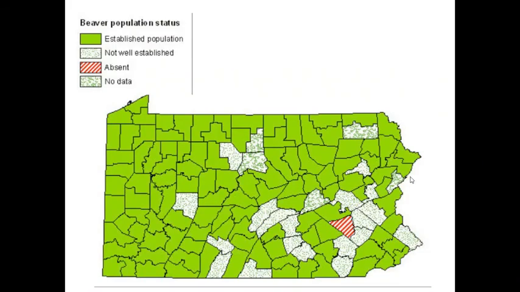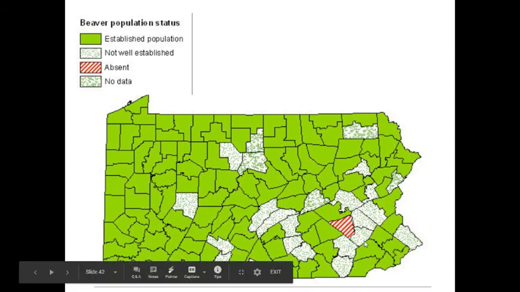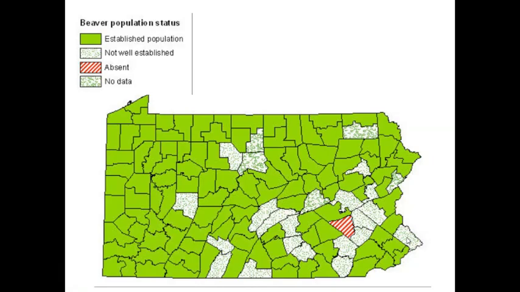Beavers were virtually extirpated or extinct in Pennsylvania, and you can see that in most counties we now have beavers. Right down in Philadelphia, Montgomery County right here, you can see not well established, but this map is a few years old. They're getting well established there.